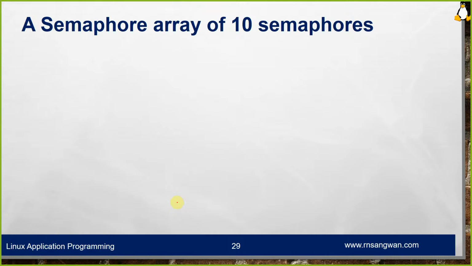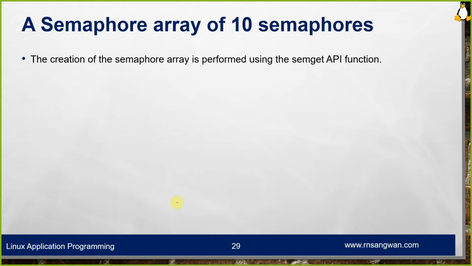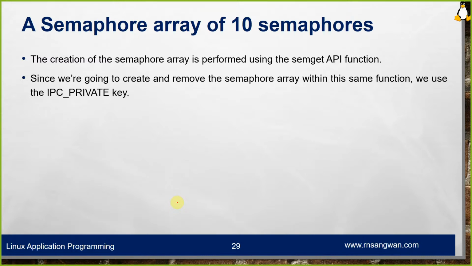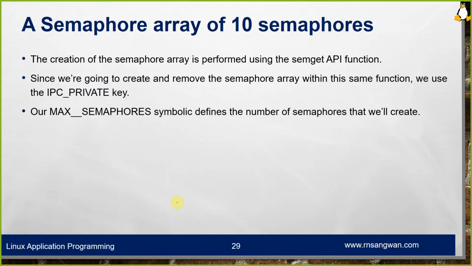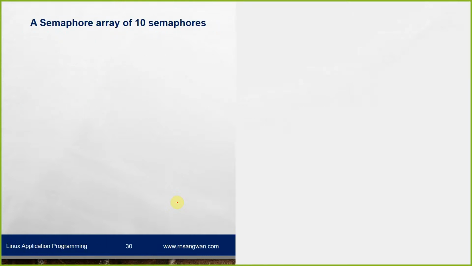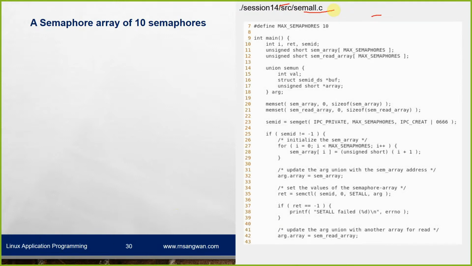A semaphore array of 10 semaphores. The creation of a semaphore array is performed using the semget API function. Since we are going to create and remove the semaphore array within the same function, we use the IPC_PRIVATE key. MAX_SEMAPHORES, a symbolic define, defines the number of semaphores that we will create, and this is the example semaphore all.c in your source folder, which is discussed here.